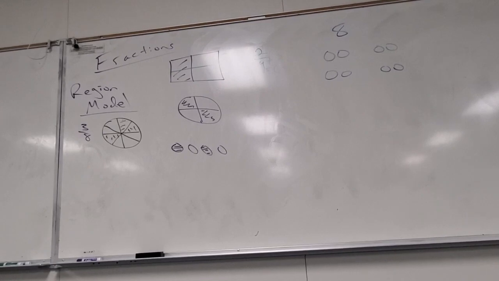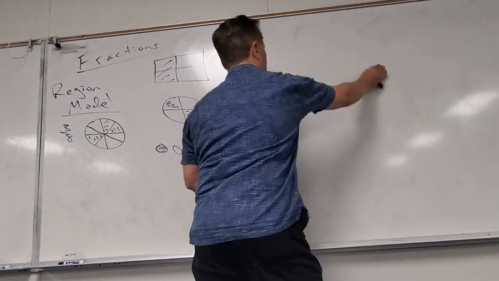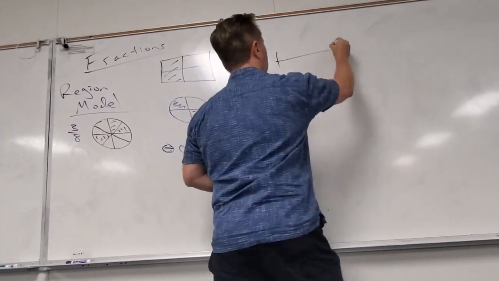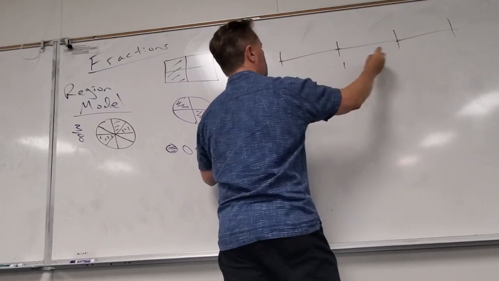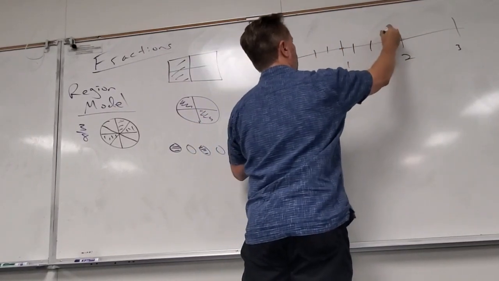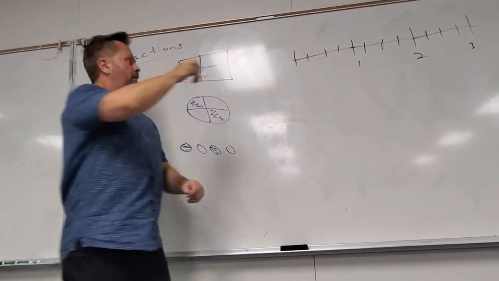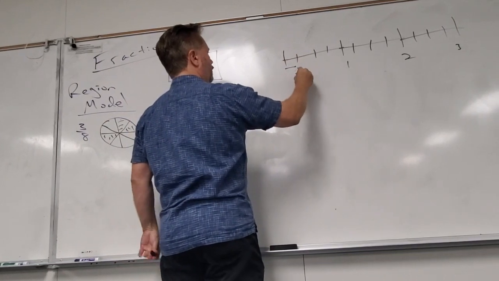So all fractions do, on one level, is this. They say, okay, instead of counting ones, what if we count 4ths instead, right? So if I'm here, I've got 1/4.